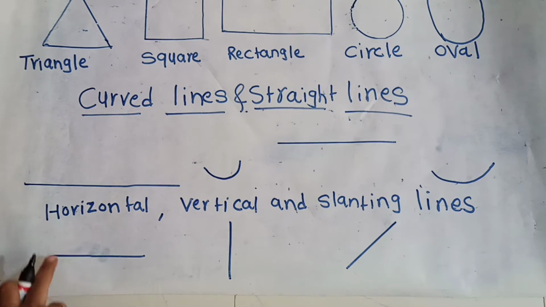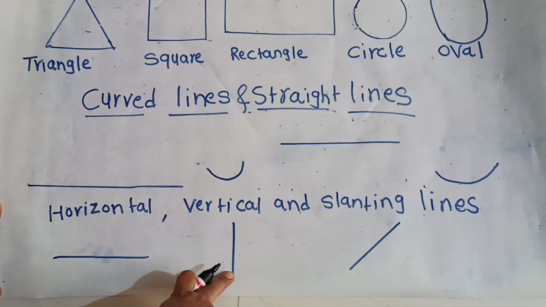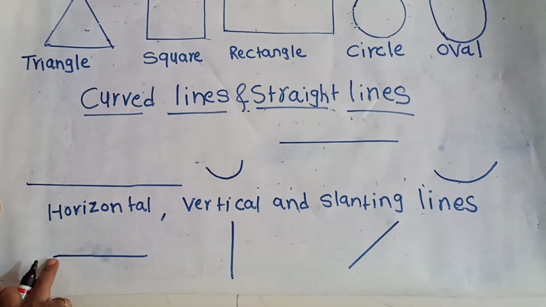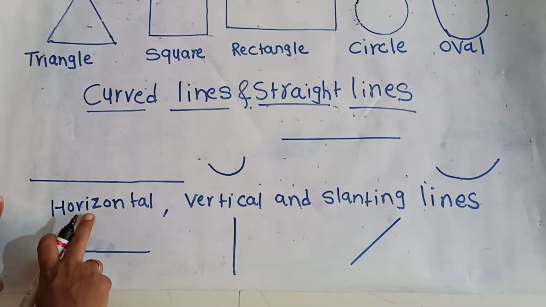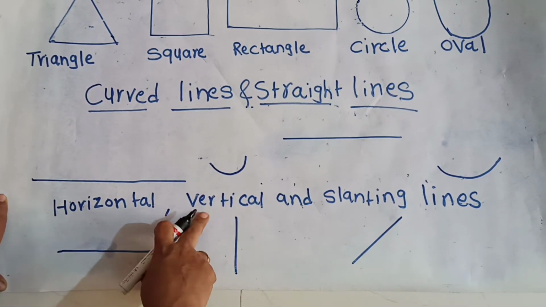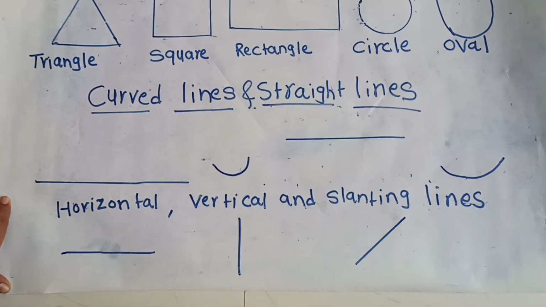Look, this is a horizontal line. This is a vertical line and this is a slanting line. Means this sleeping line is called horizontal line, standing line is called vertical line, and this is slanting line.